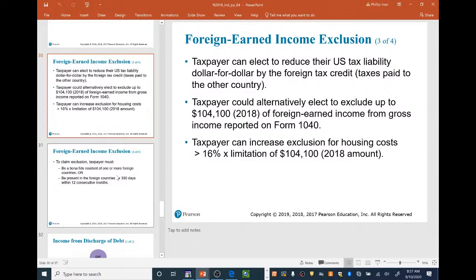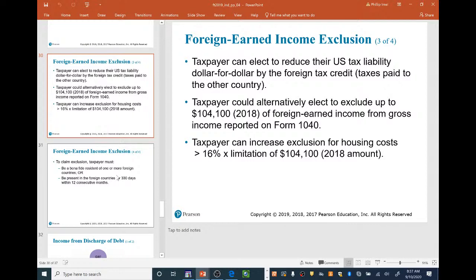Now, if the foreign tax rate is higher than the U.S. tax rate on the same earned income, then the foreign tax credit will be preferable.